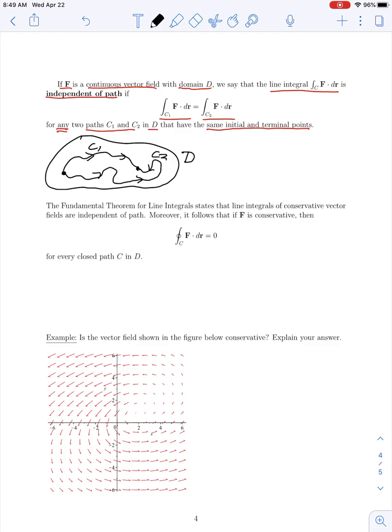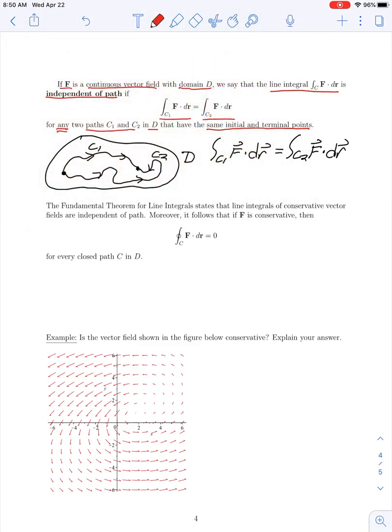Then this line integral is independent of path if the line integral of our vector field over the first curve is equal to the line integral of the vector field over that second curve. This is called independence of path.